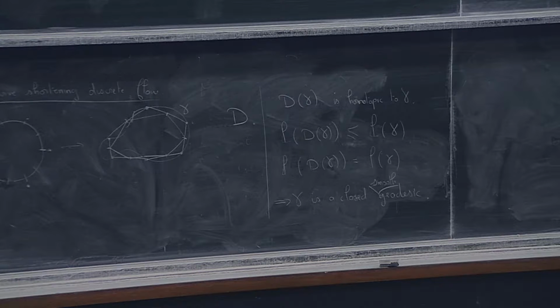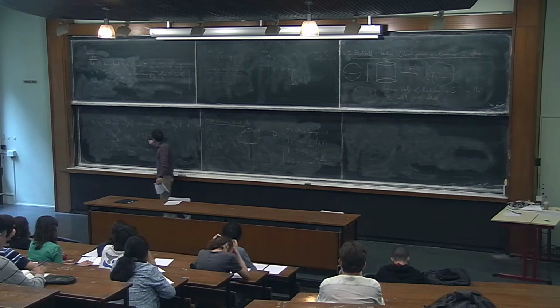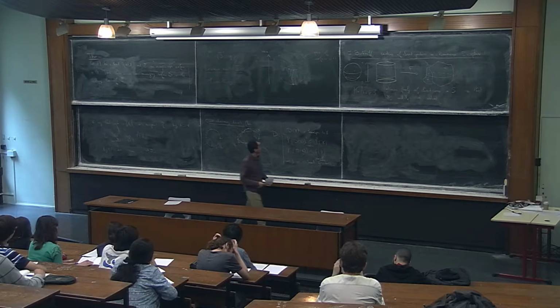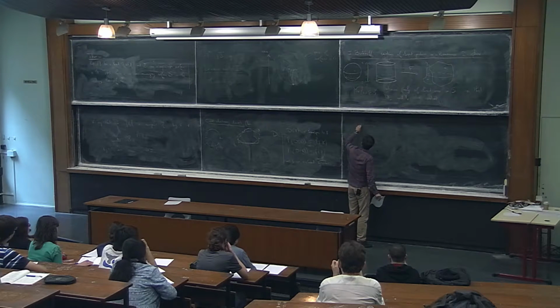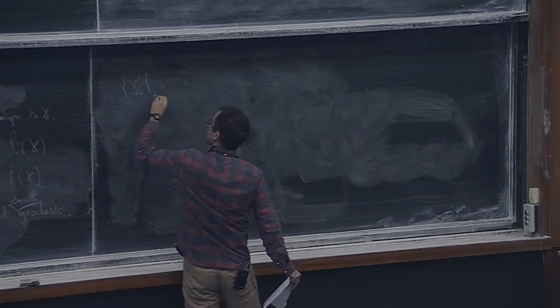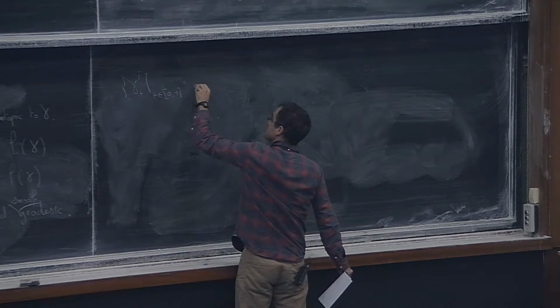Okay. So now you look at this problem there. And you look at gamma_i,t, for t in [0,1], a minimizing sequence.